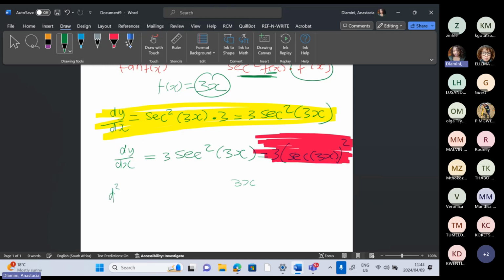So this is the second derivative d squared y over dx squared. Differentiate this function for me.